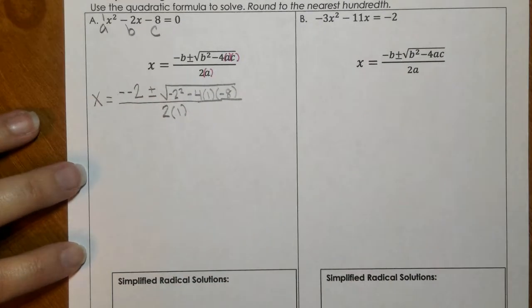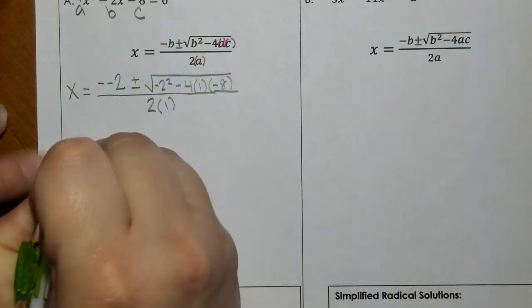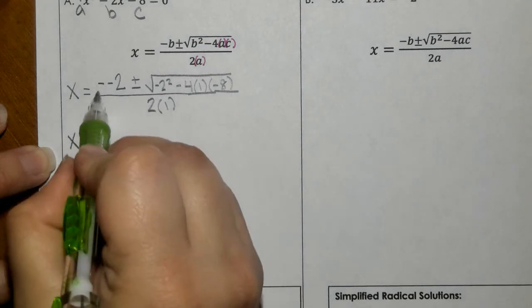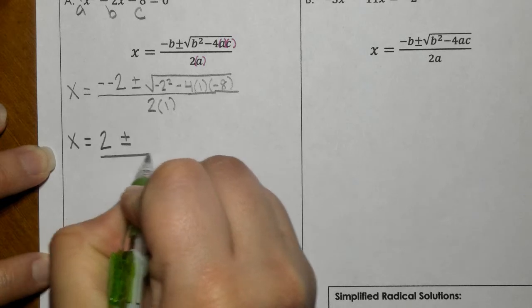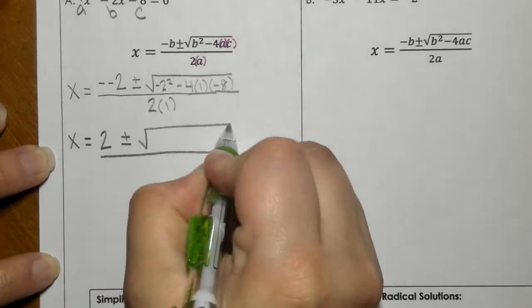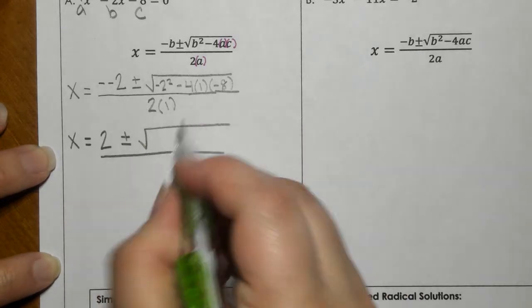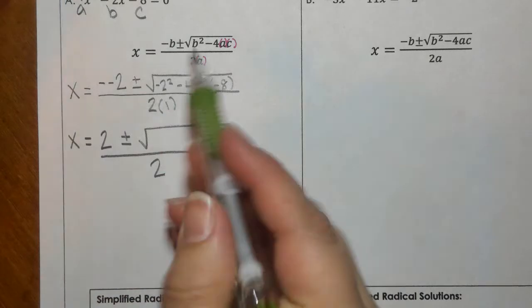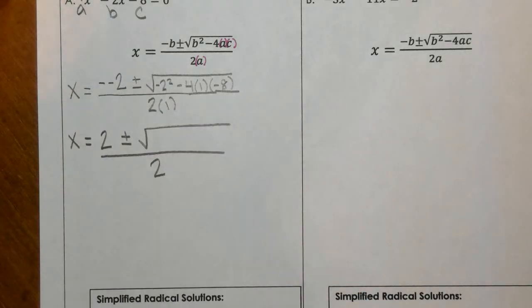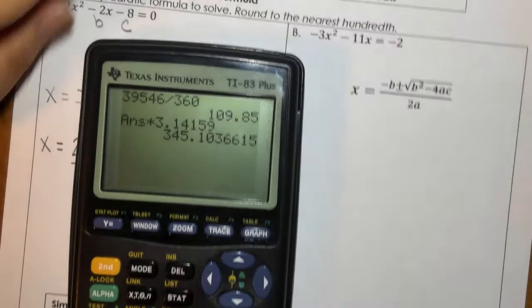So I'm going to have to simplify each part here. I know that the double negative makes a positive 2. I also can quickly do 2 times 1 is 2 down here. So that's pretty simple. Now, I want to show you, when you do negative 2 squared, I want you to be able to see this.